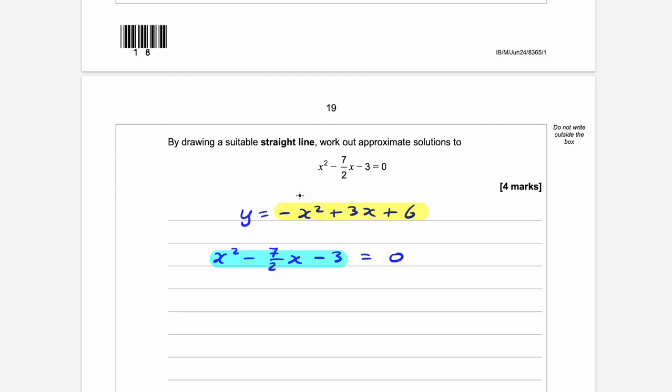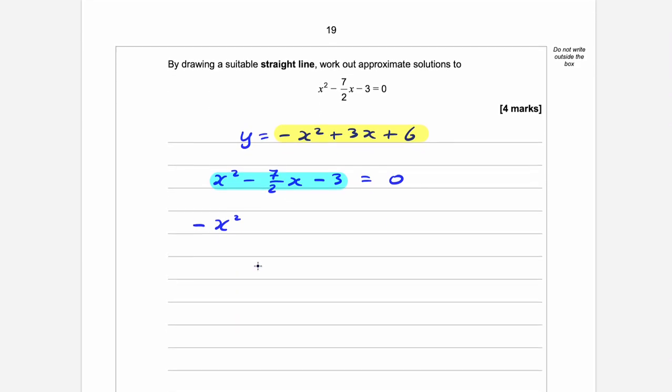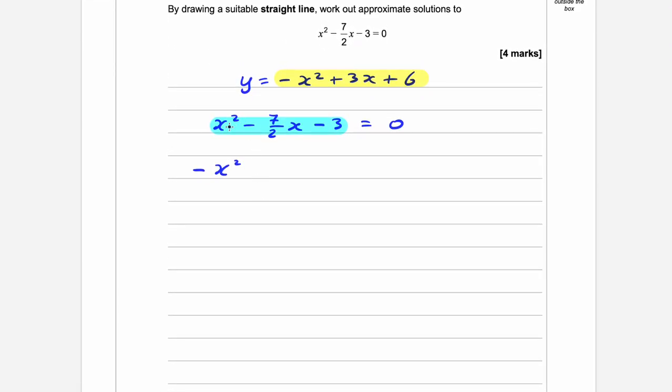So the first thing is, he's got a minus x squared and I've got a positive x squared, so let's make it minus. But I can't just make something minus. I have to use some rule of solving equations. In this case, I'm going to multiply across by minus 1. So change all the signs. That becomes minus, this becomes plus, and this becomes plus.